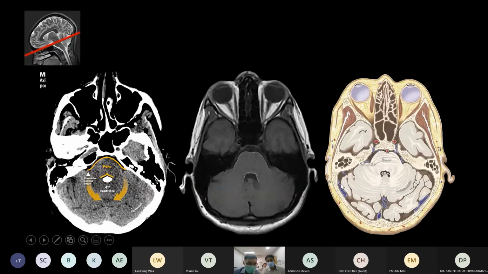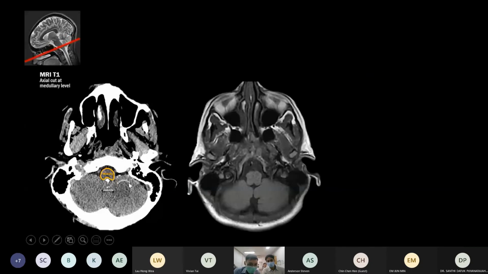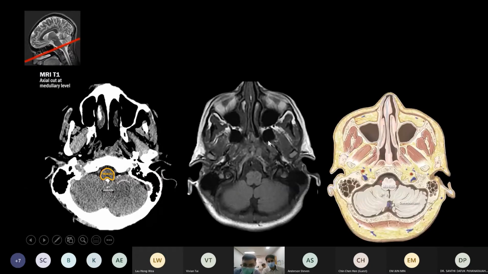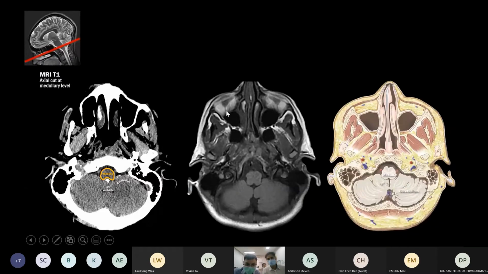So the next cut is at the medulla. Okay, with the medulla, as you can see, most of the structure is visible. Basically, we want to look more at the sinuses, like the mastoid sinus, things like that. But you want to see whether there is any lesion in the medulla, and at the same time compare the cerebellum, and basically that's all.